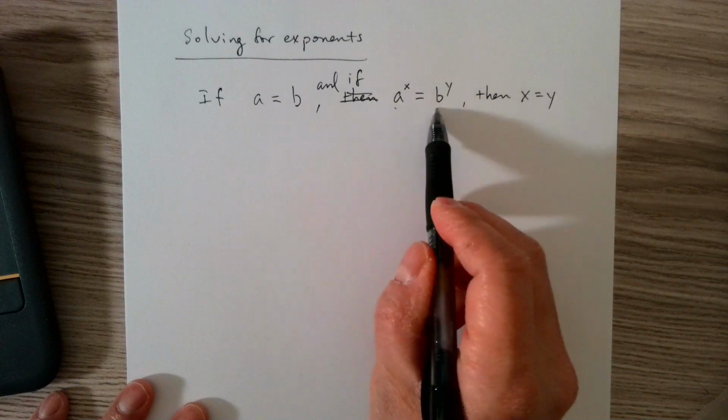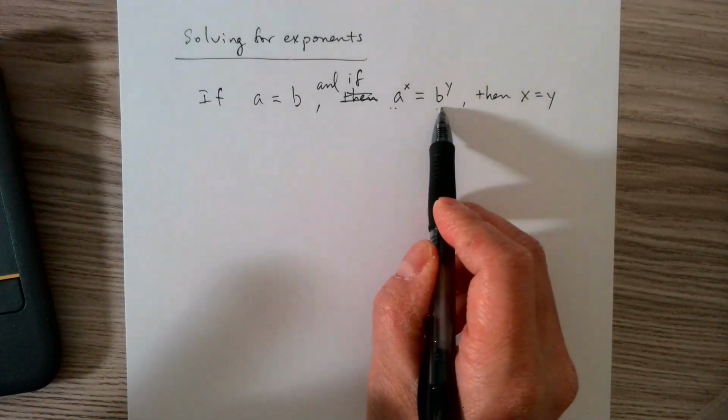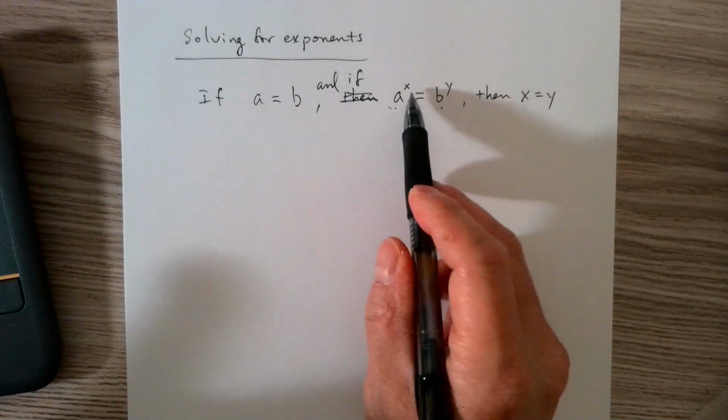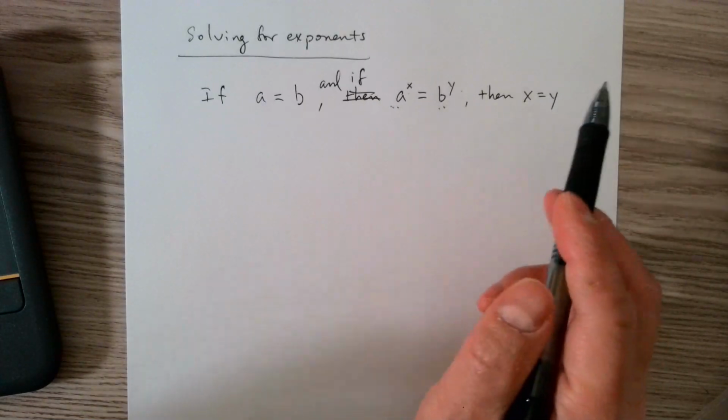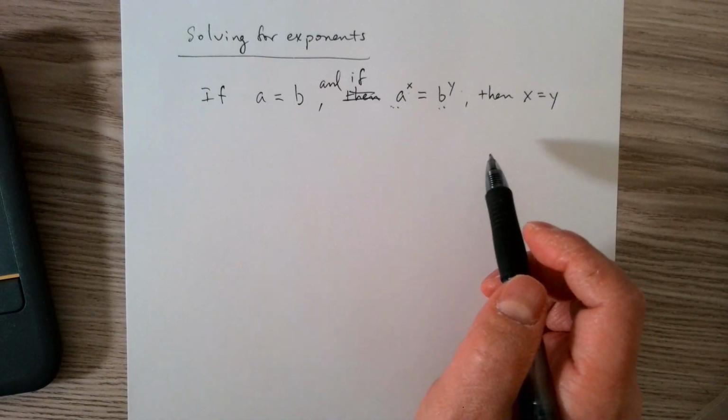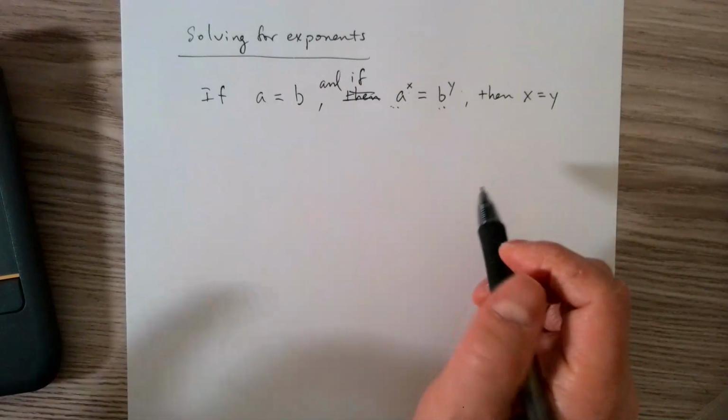So if we have two bases that are the same, and each of these bases has an exponent, therefore the exponents must also be the same. That is the basic concept we're going to go back to time and time again.